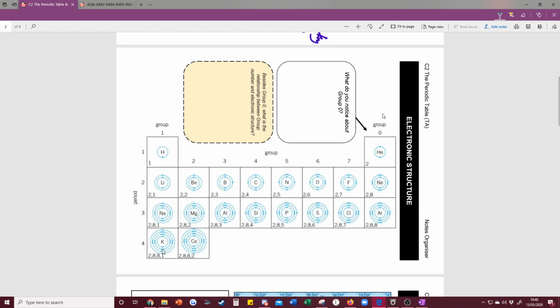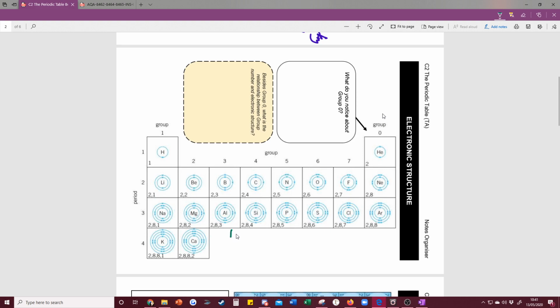There's more electrons and also more shells. Now the reason why we can't just have one shell and stick all of our electrons on that same one shell, why we need to keep adding more, is because there's a maximum amount of electrons that can be on each shell.